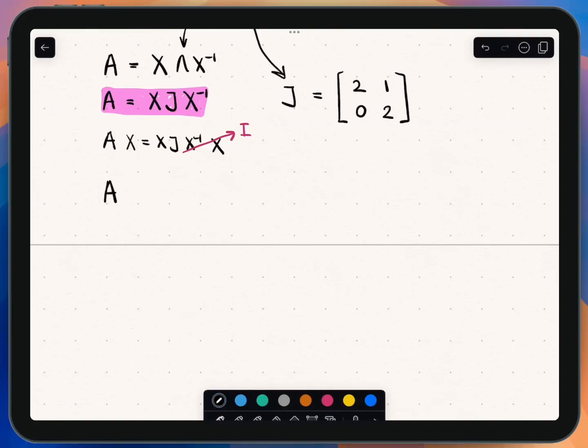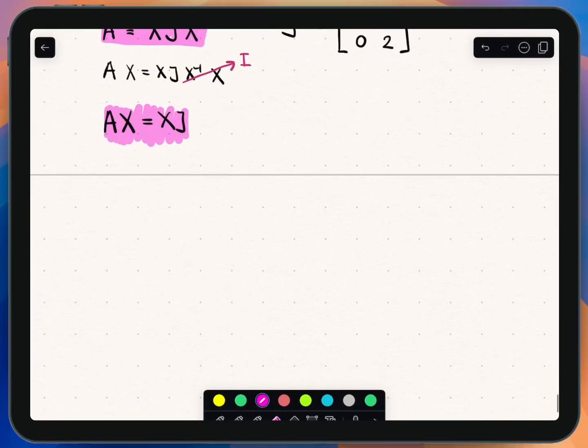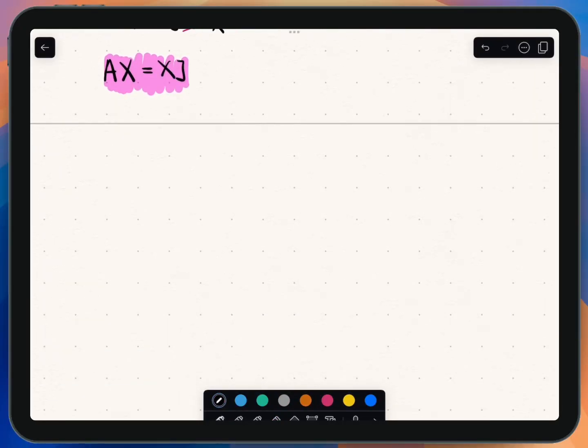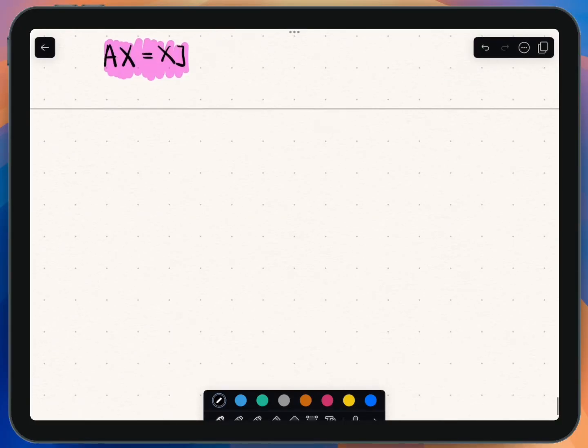And then we're left with this form: AX is equal to XJ. It's a completely equivalent way of saying what we had before, but we just get rid of the X inverse for now. And then I want to analyze what this AX and XJ really means.